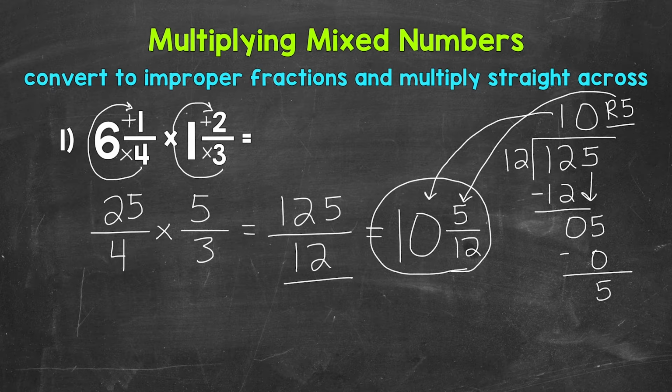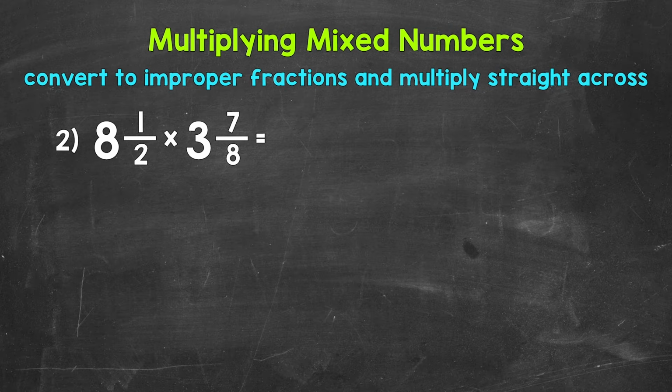Let's move on to number 2. For number 2, we have 8 and 1/2 times 3 and 7/8. Let's start by converting these mixed numbers to improper fractions. We will do 8 and 1/2 first.